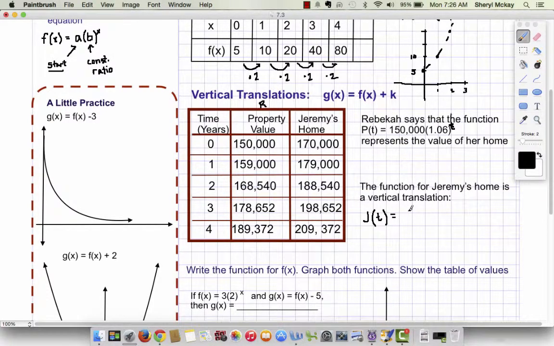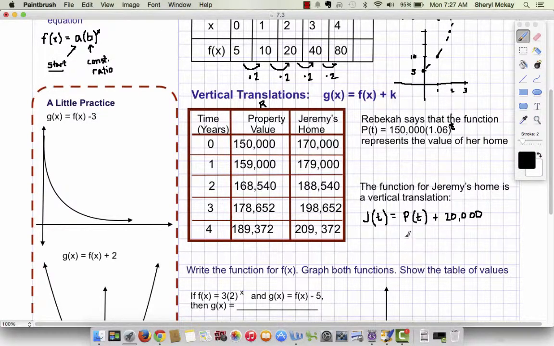So Jeremy's home is actually Rebecca's home, P of t, plus 20,000, because whatever Rebecca's is, it's just adding 20,000 to it. So Jeremy's home is basically a vertical translation.